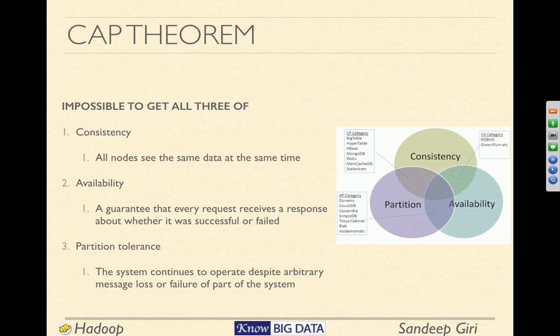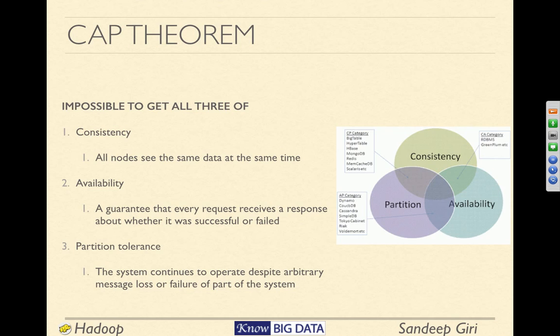Now, there is one thing very important I want to discuss, something called CAP theorem. CAP theorem says that out of three things, you cannot have all three. So, just a minute ago, we said that NoSQLs were not able to provide relational properties, or ACID properties.